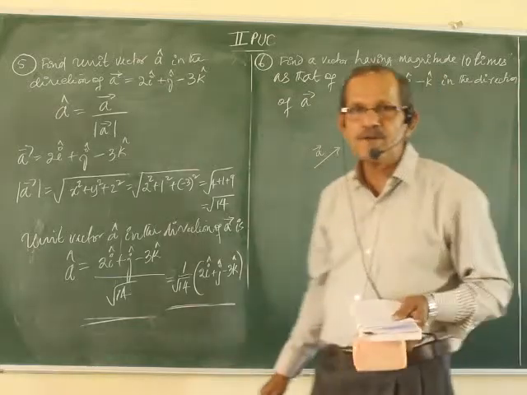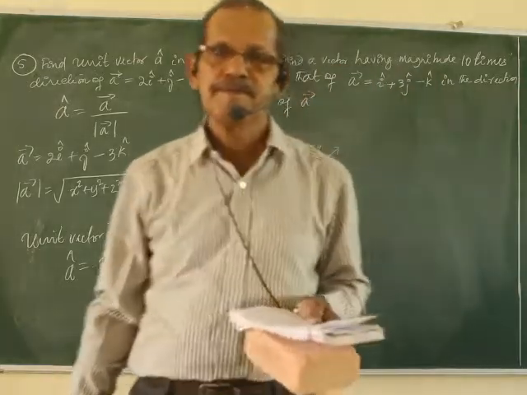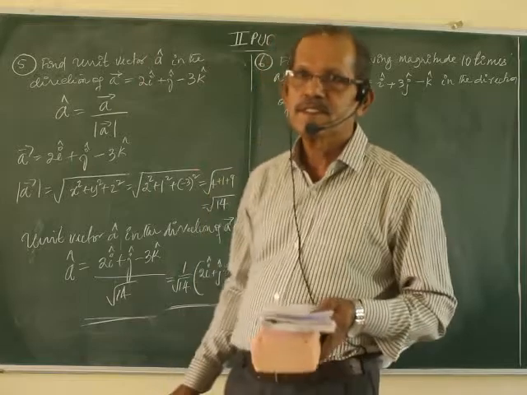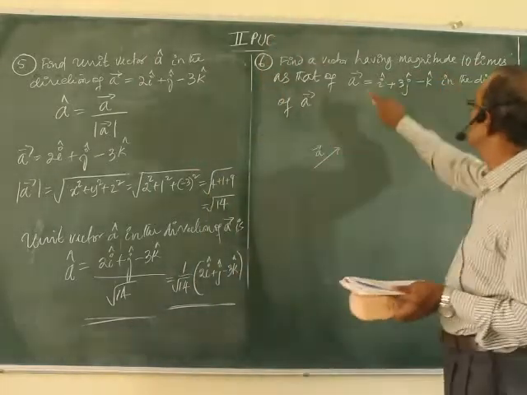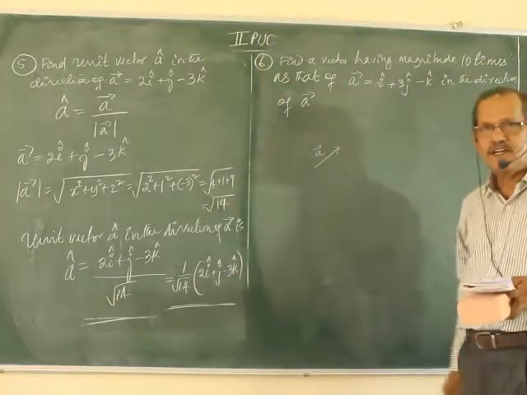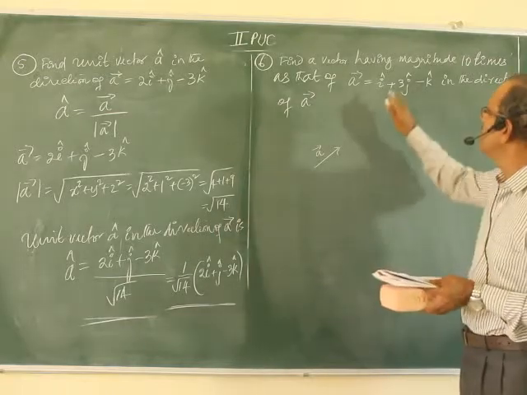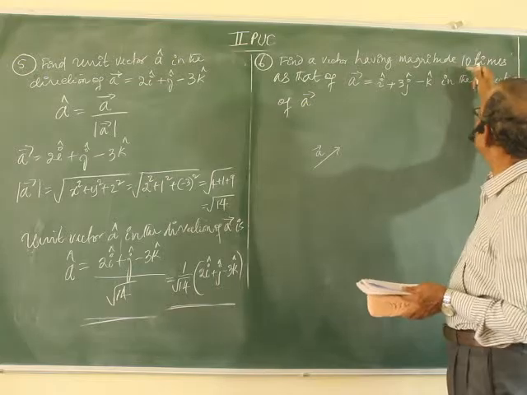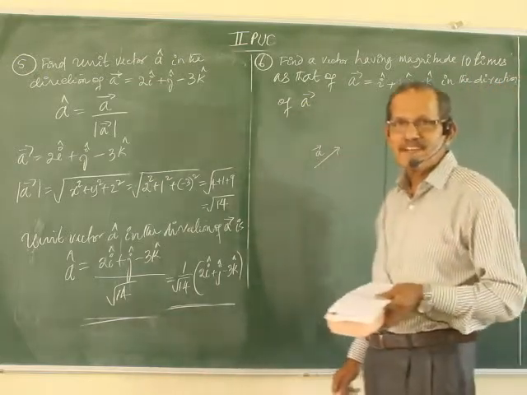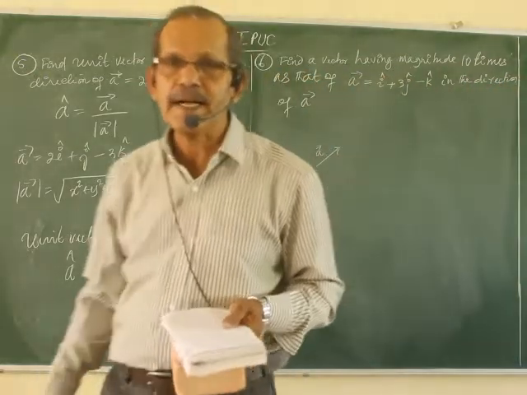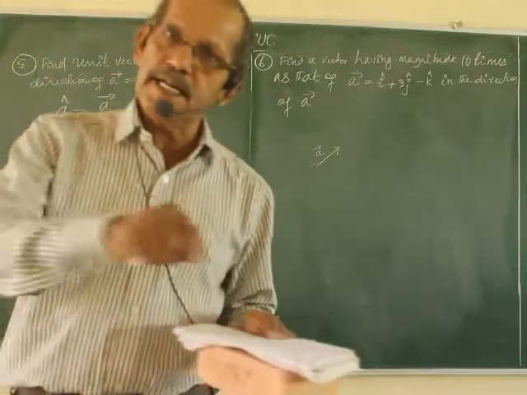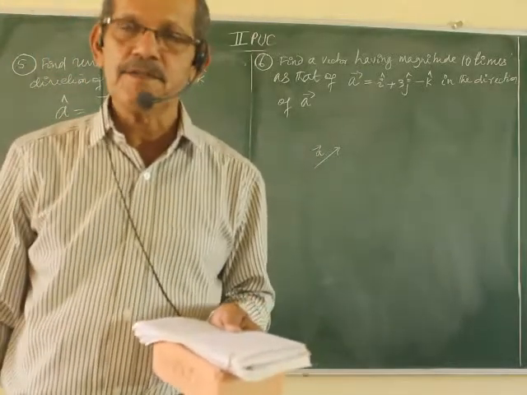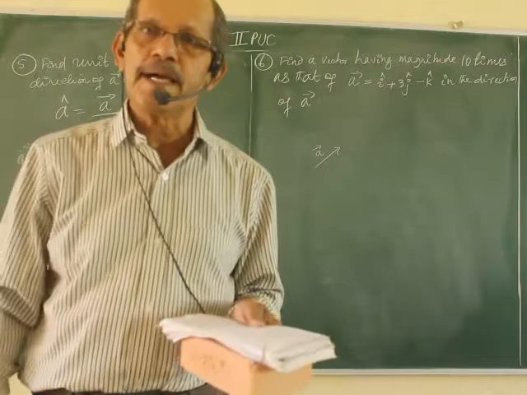How you are working out this problem? Remember, it is just a complicated statement, that's all. Actual question is, given vector A, just find 10 into A, that's all. 10 into A is which is a vector? 10 into A. It is a vector in the same direction as that of A, correct, no? And magnitude, what about magnitude?